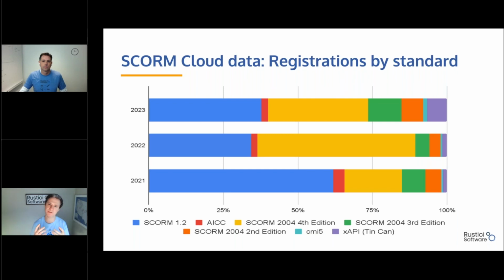But when we look at registration data, this is the number of courses delivered to real humans, and it is overwhelmingly still SCORM. Nearly 3 out of 4 course launches are still some flavor of SCORM 1.2 or SCORM 2004. But again, just like the last slide, I look at the right side and I go, wow, look at the growth and the rise of xAPI, cmi5, and others in this picture.